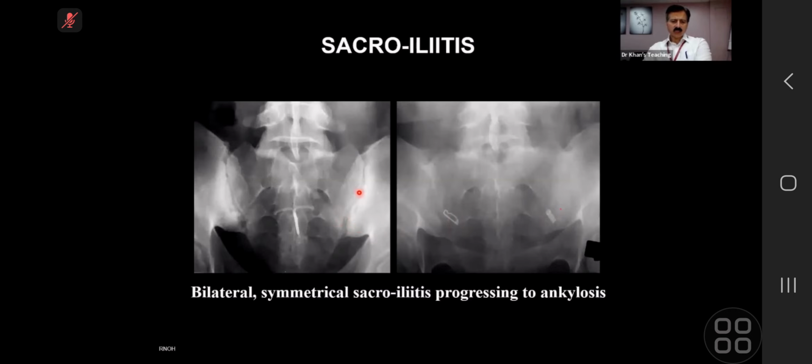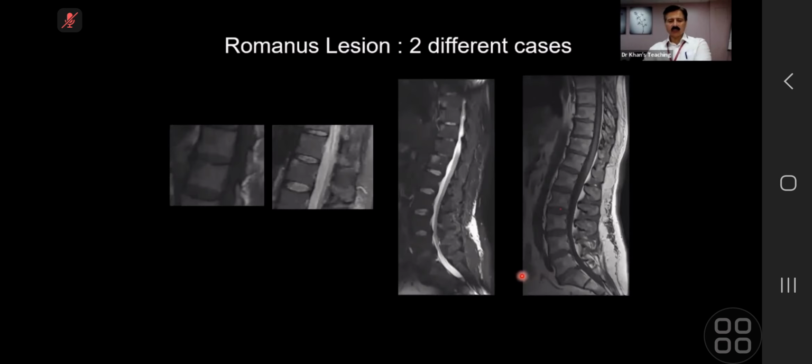Now this appearance of the joint, you can see a bit of erosions here. Joint space is irregular. It has got a fuzzy outline. Otherwise, it's a crisp outline. Look at this erosion. Look at this erosion. And then when new bone formation occurs, which is a hallmark of seronegative arthropathy, then there is ankylosing spondylitis.